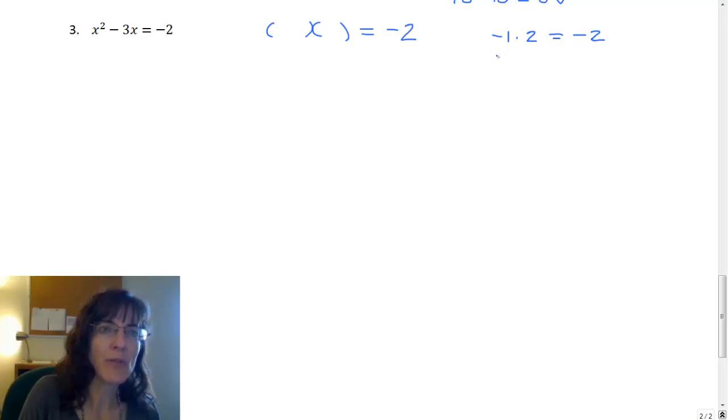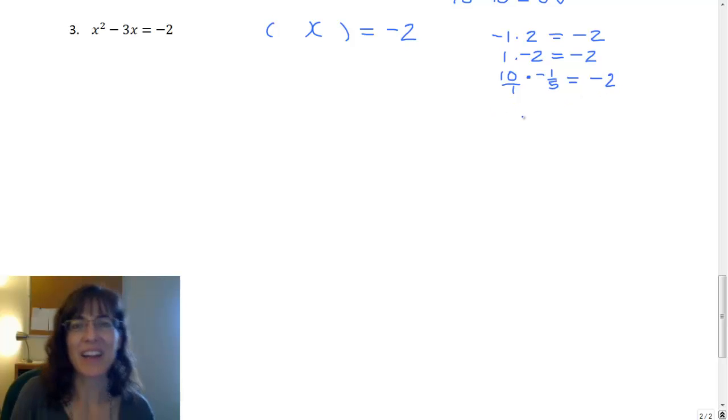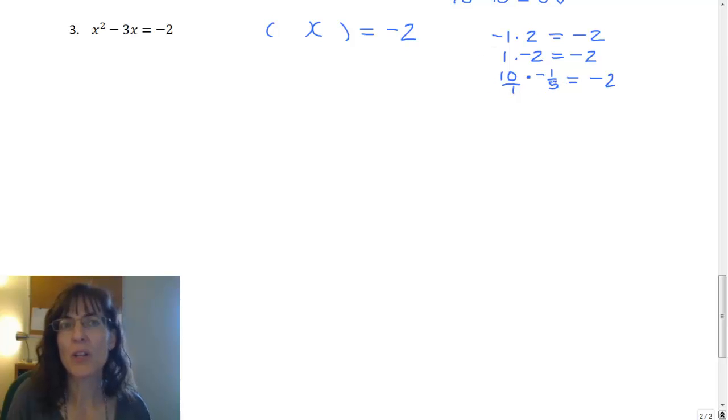I could have 1 times -2, that's a -2. I could have 10 times -1/5, that should equal -2. And I can go on with fractions. So I could come up with a bunch of examples of different products that will give me -2.